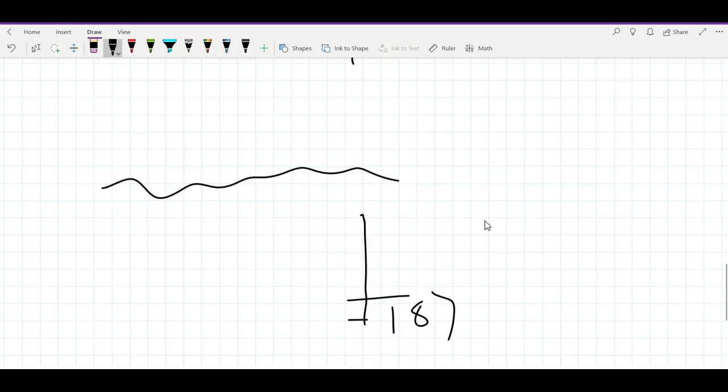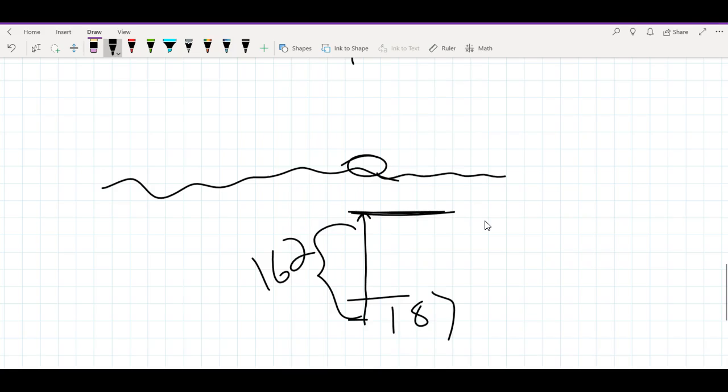If we go up 162 feet, we're still going to be below sea level, right? The 162 isn't enough to bring the 187 back up to 0, so you're still below sea level. So here, we're still 25 feet below sea level.